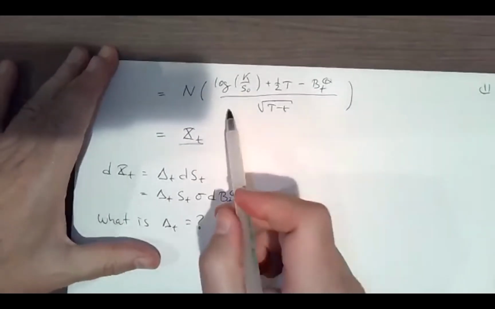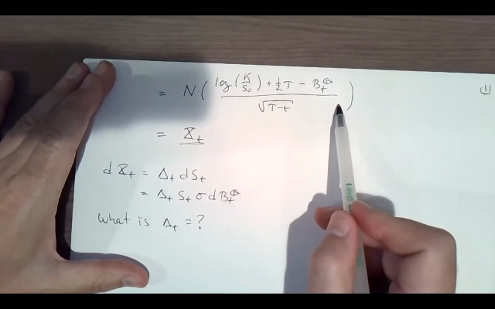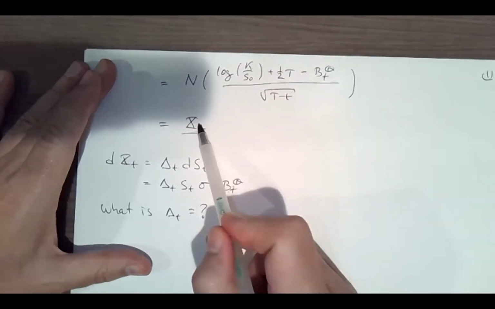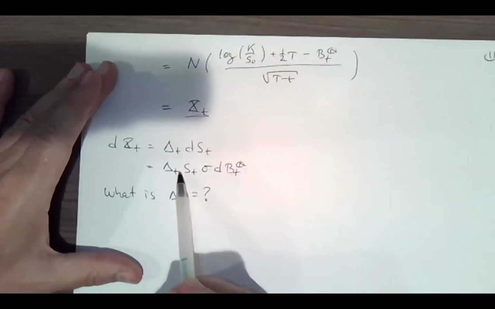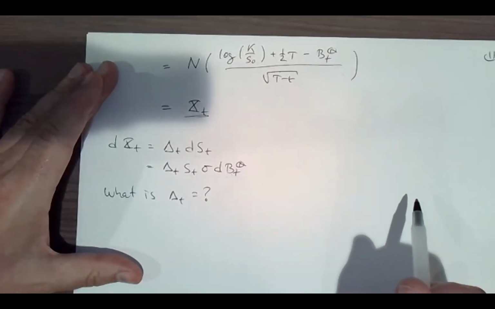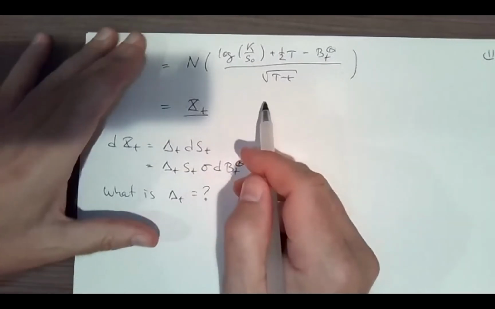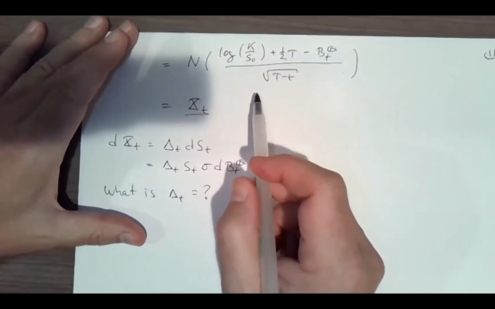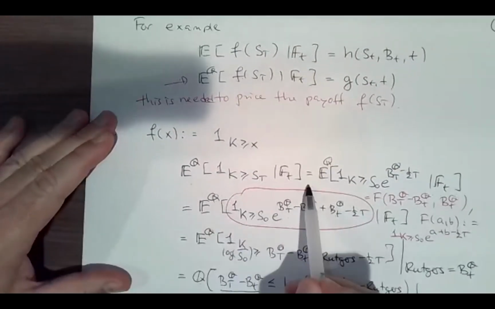Well, thankfully, we know what we have up here. X_t is equal to this. So I compute dX. X here is a martingale, so there's going to be no drift in all of this. This object here is a Levy martingale, so there will be no drift inside this term.